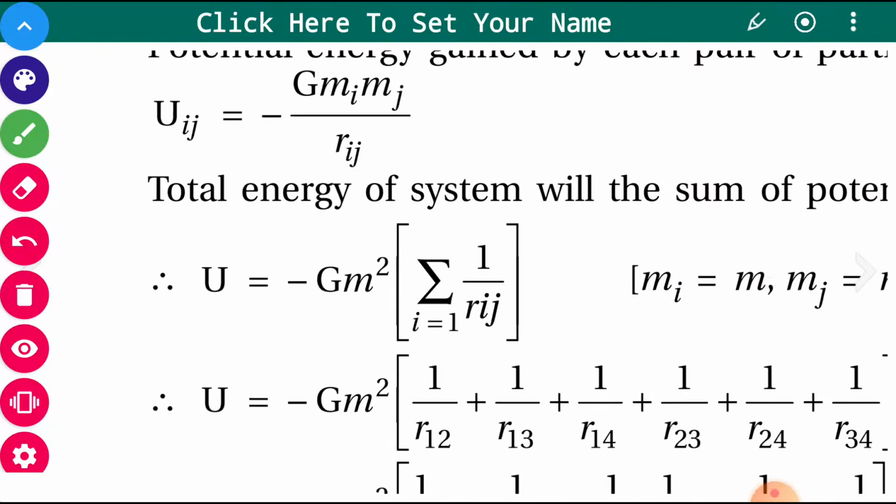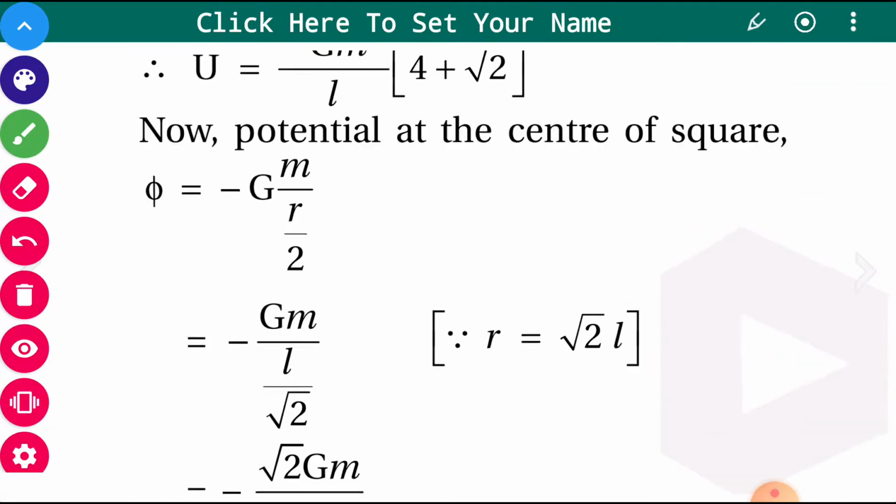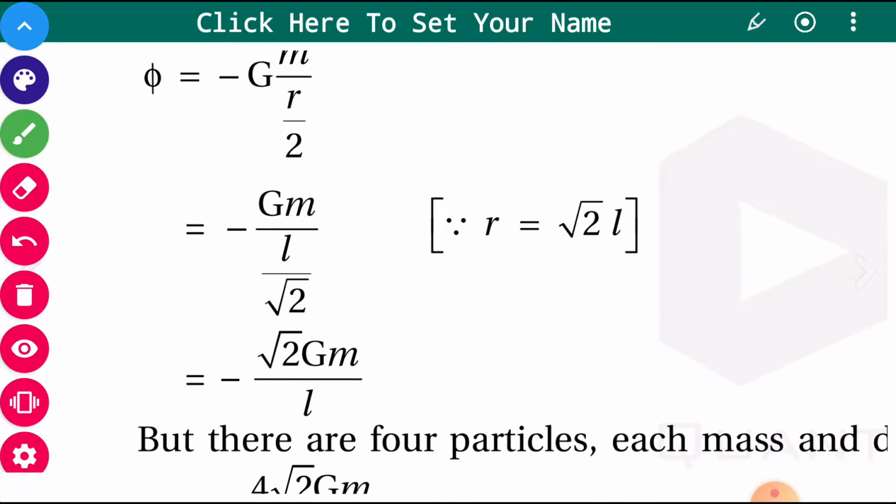Okay, now you can write potential minus Gm upon the distance, that is L by root 2, that we have calculated. Whichever way you can write directly also, minus Gm upon L by root 2.